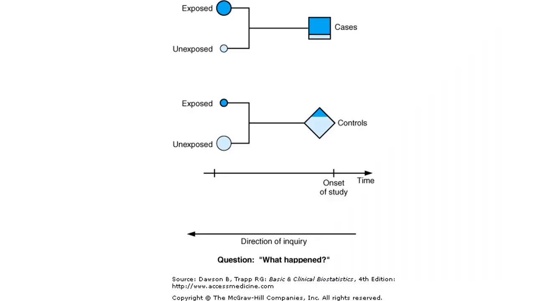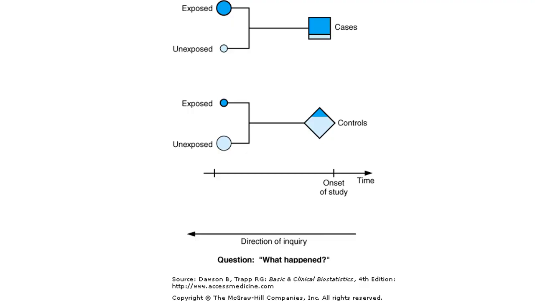This is another simple presentation of case control study design. You can see that among the cases, a certain proportion were exposed in the past. Among the controls, a certain proportion were exposed in the past. And we make comparison between these two proportions of exposures in the past in many different ways. We'll discuss them in future when we talk about measures of associations.